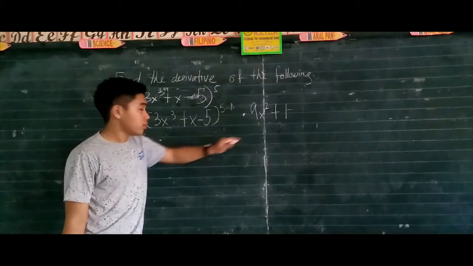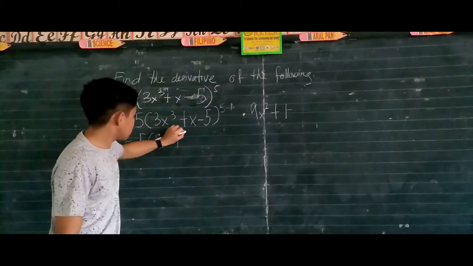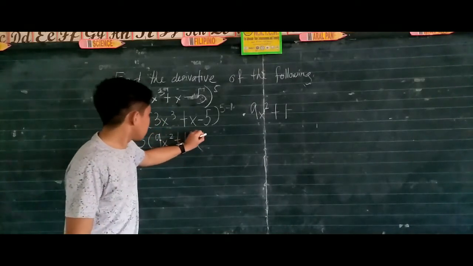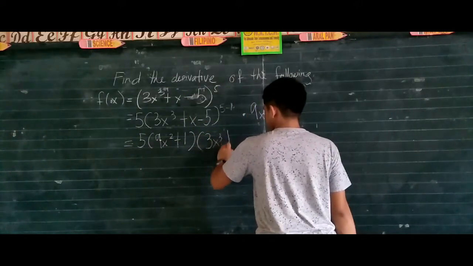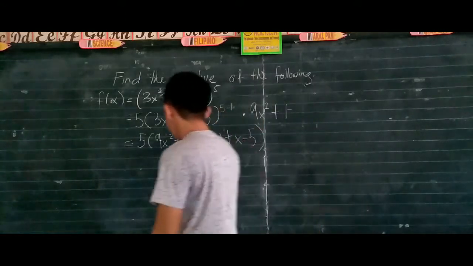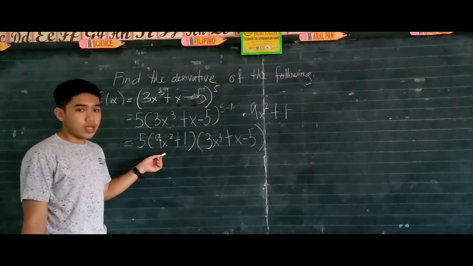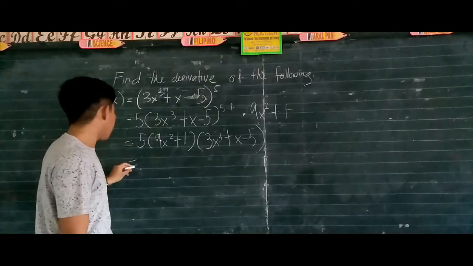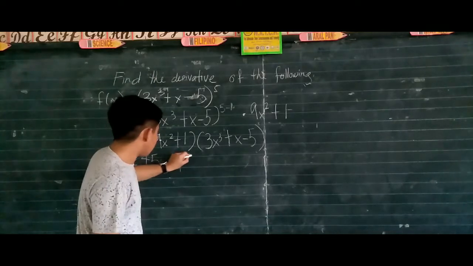Then copy this one. Copy the derivative. Then we just have to simply distribute 5 to 9x squared plus 1. So 5 times 9 is equal to 45, so we have 45x squared plus 5.